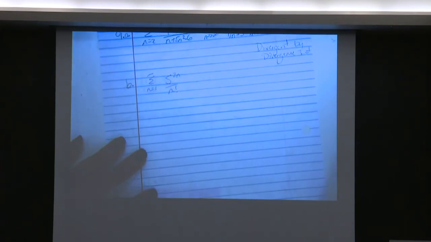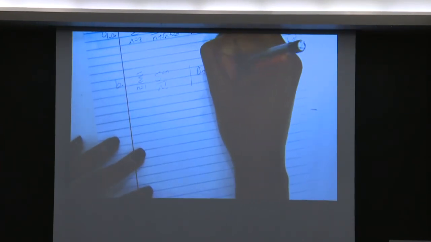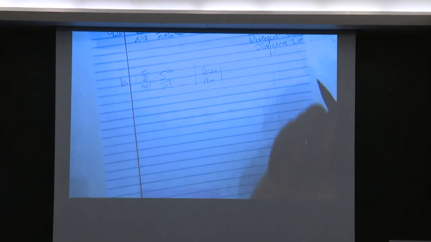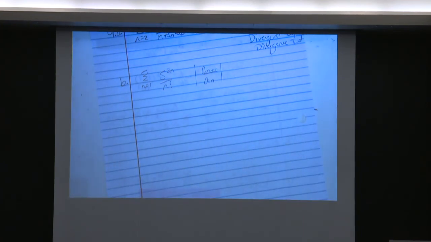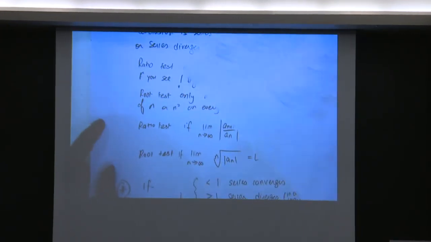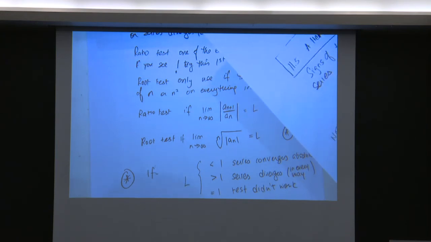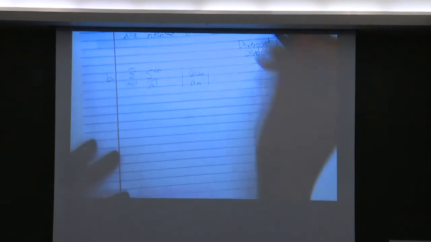The ratio test says you take a(n plus 1) over a(n) and solve for L. If L is less than 1, it converges. If L is greater than 1, it diverges. And if L is equal to 1, the test did not work and we have to try another one. Okay? So let's try this ratio test and see what it gives us.